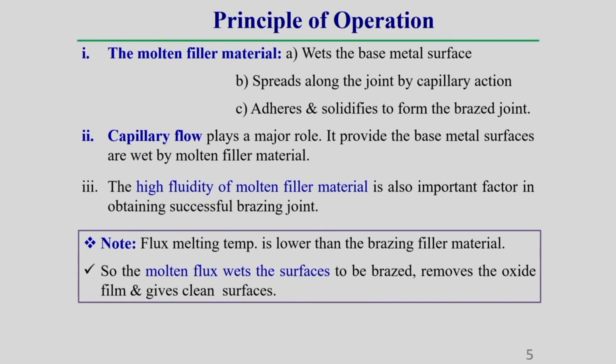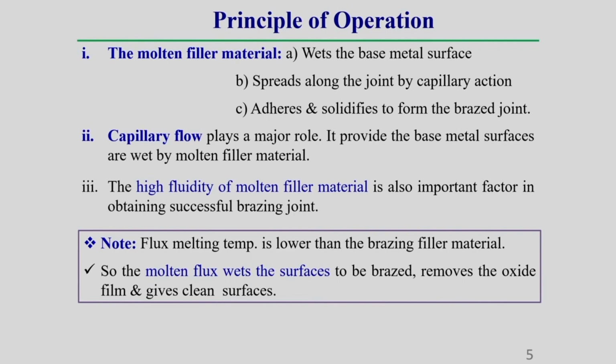Now, what is the principle of the brazing operation? Here, three steps are involved. The first one is the molten filler material related thing, the second one is called capillary flow, and the third one is a very important parameter, that is called high fluidity of molten filler material.